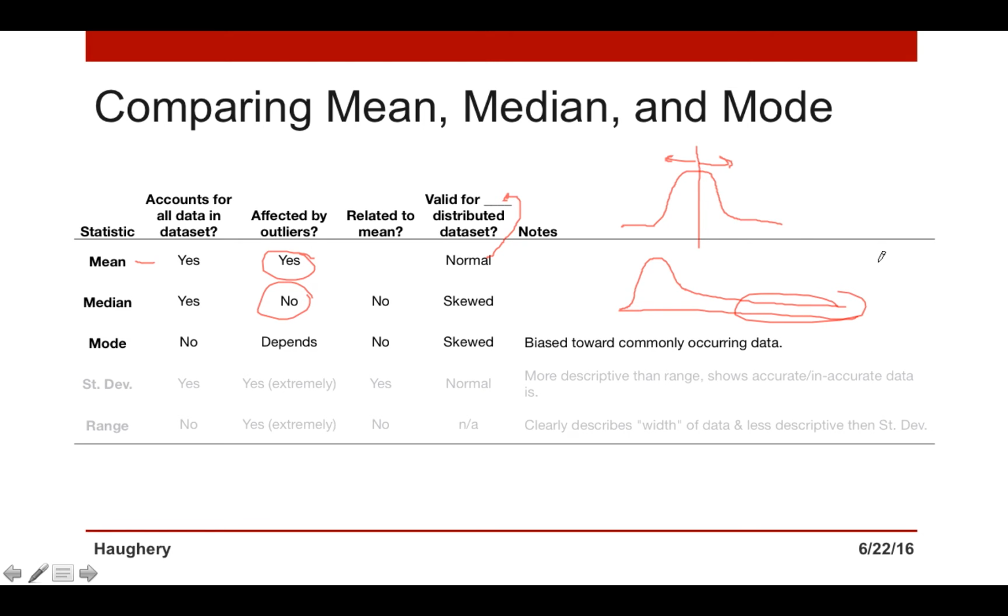So these are the scenarios and situations in which we would use a mean, median, or mode, the things that affect it, and the types of distributions we would want to use the different statistics for. That's why being able to graph a histogram of our data might be a really important first step to see the distribution. Then we can decide whether we need to use a mean or a median.